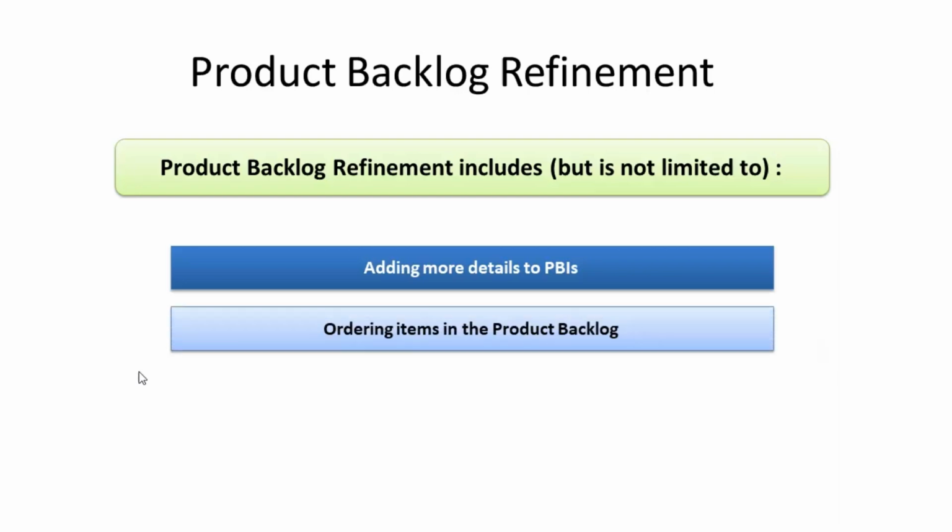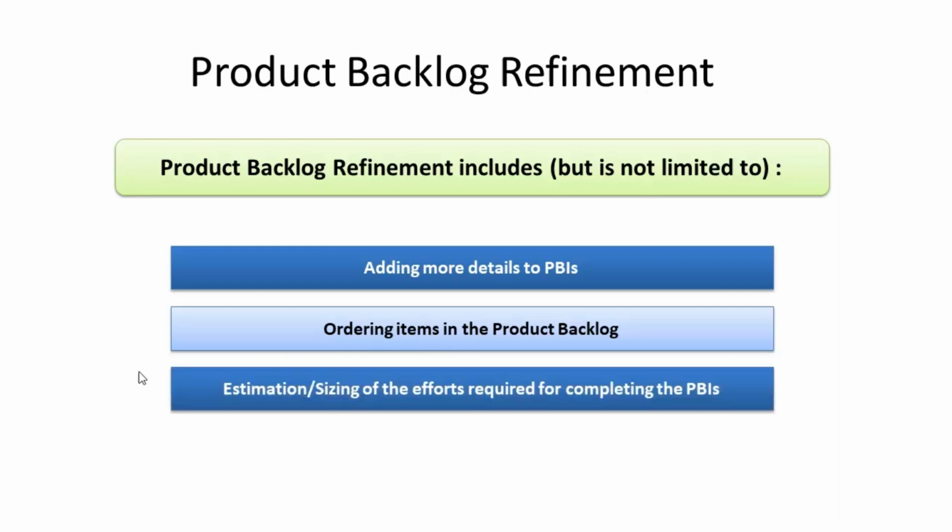Moving to ordering of the product backlog items, choosing appropriate prioritization technique to ensure that more valuable important items are delivered early. Estimation and sizing of the efforts required for the completion of the product backlog items.